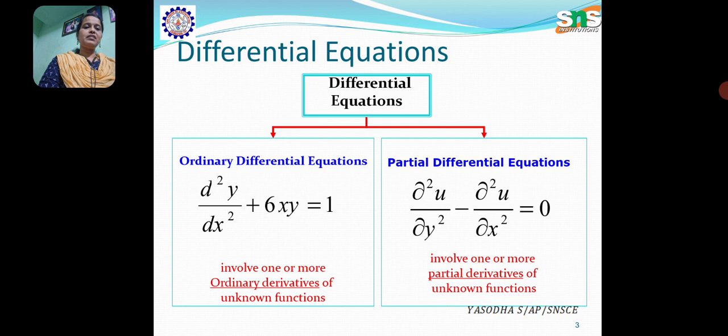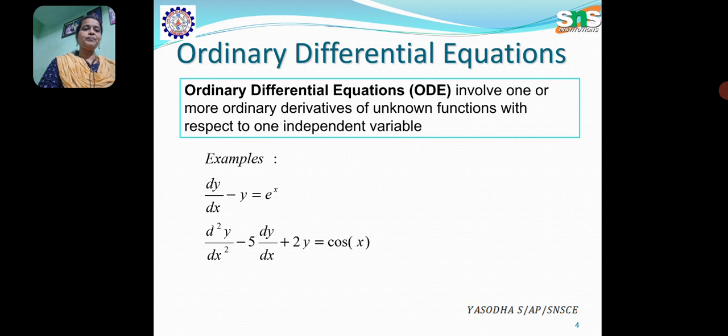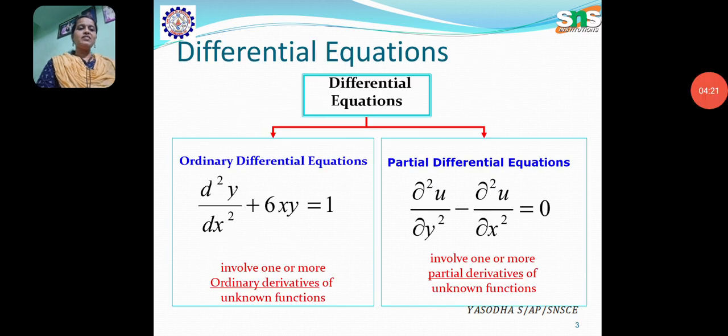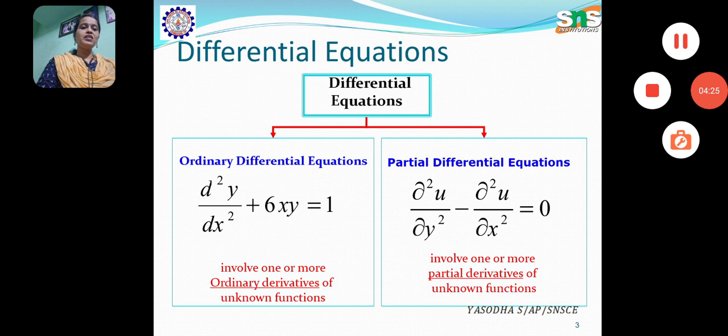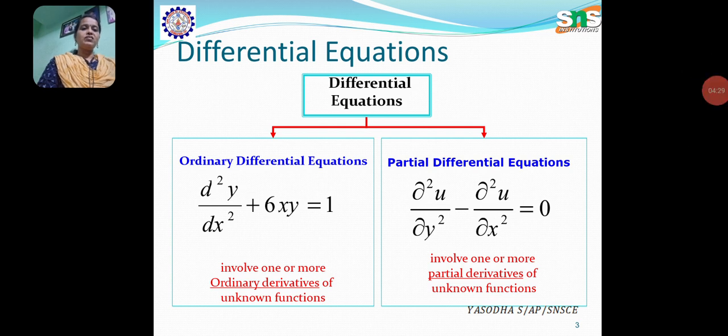For example, for partial differential equation, dou square u by dou y square minus dou square u by dou x square is equal to 0. In this equation, we have two independent variables, right? That is x and y. So u is the dependent variable of y and x. So x and y are the independent variables and u is dependent on x and y.